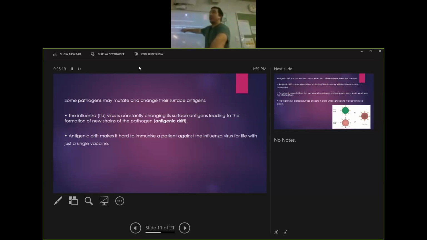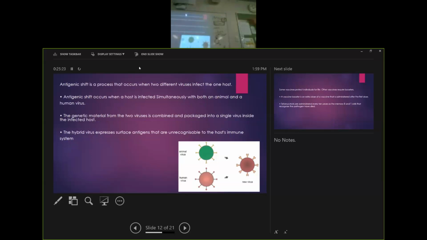So we can get antigenic drift, which is the changing of one pathogen, or you can get what we call antigenic shift, which is where two different viruses join together to create a new one. And these are the most dangerous because they tend to create viruses that are hybrids of animal and human viruses.